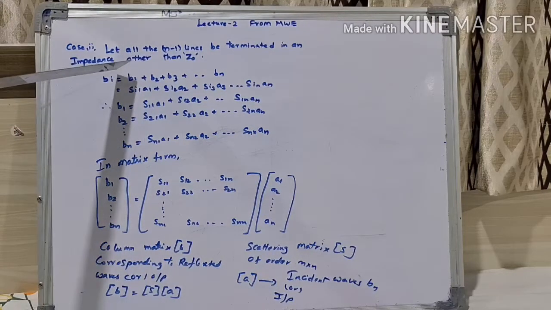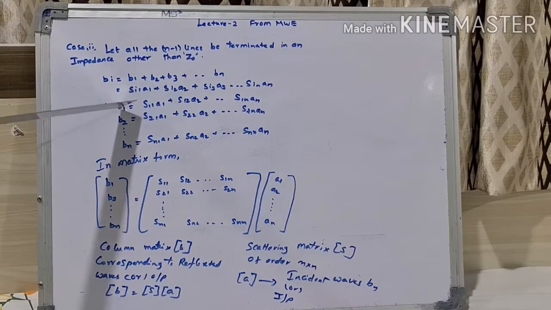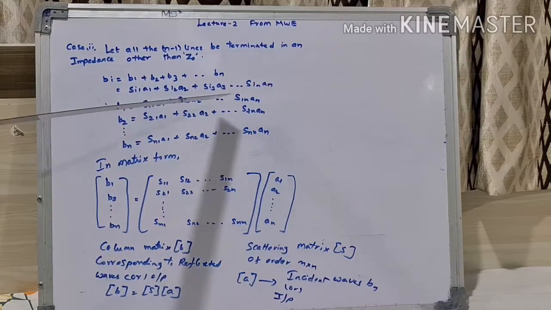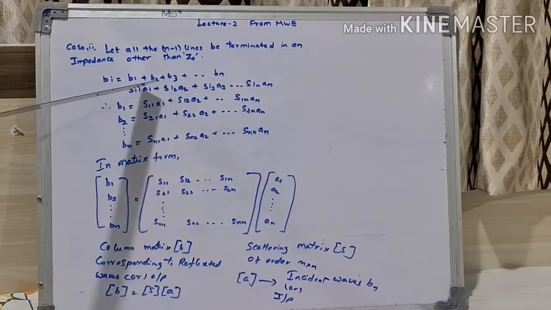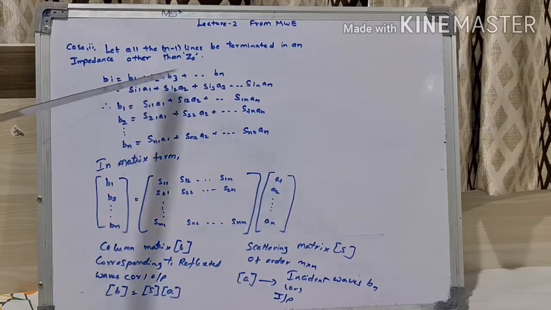So if you take B1, the output power of the first line, this is the format, for overall n lines.